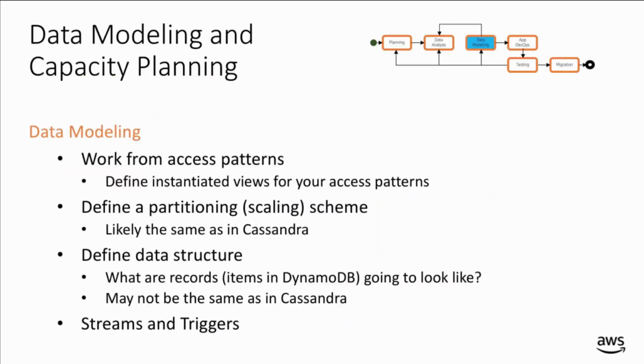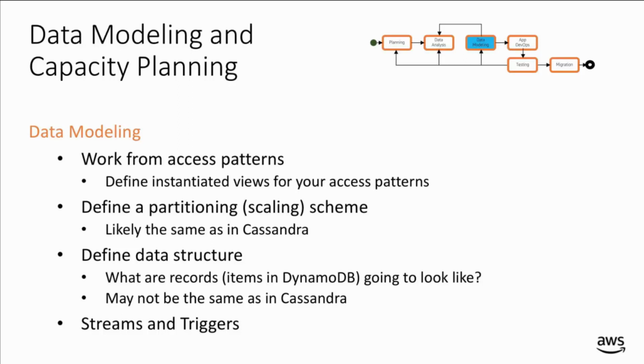Once we've done the data analysis, we can go on to do data modeling and capacity planning. And this is where we use the results of data analysis, because now we know what the access patterns are, and we use those access patterns to define instantiated views based on those.